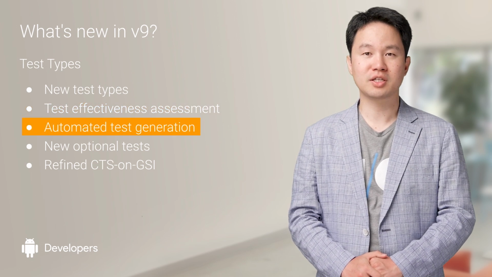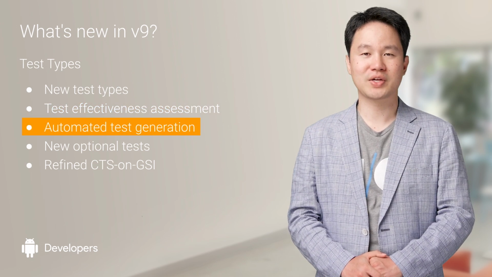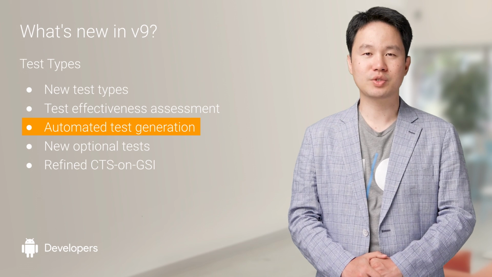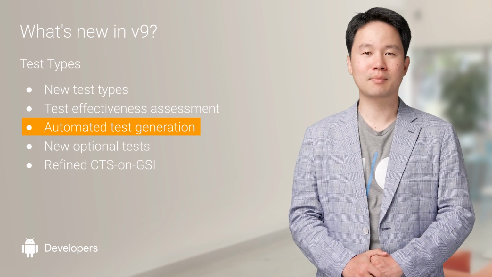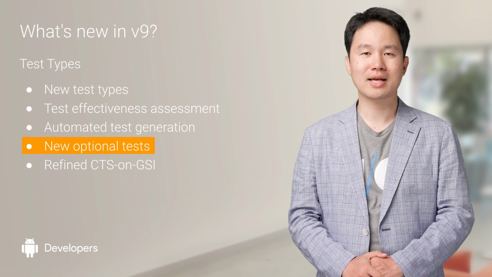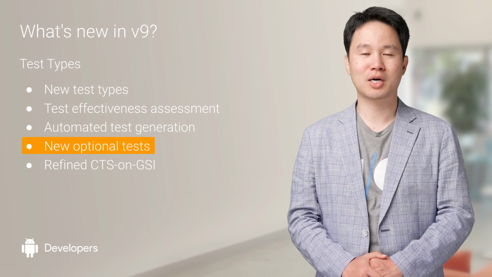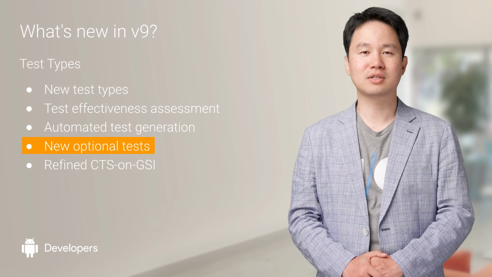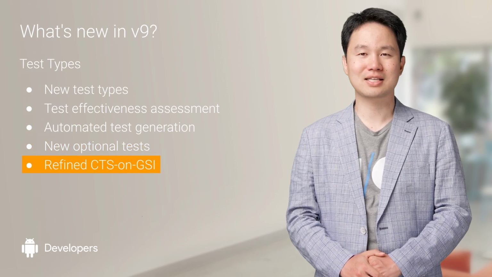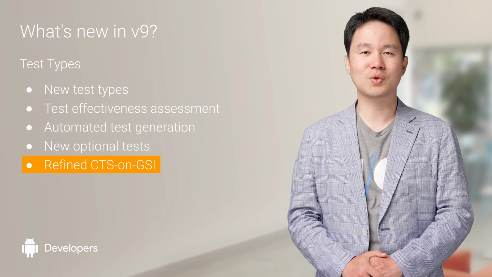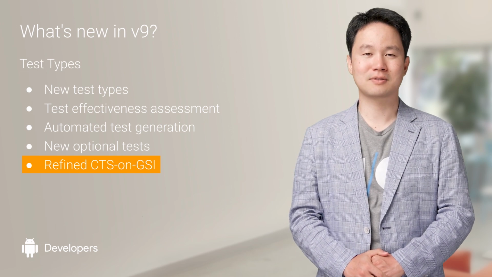As mentioned earlier, there are some automatically generated tests which can reduce the VTS test development time for Google and partners who, for example, want to develop VTS tests for their HAL extensions. The rest of new tests was added as part of VTS-star optional test plans. Finally, CTS on GSI test cases are being refined and included just like the past.